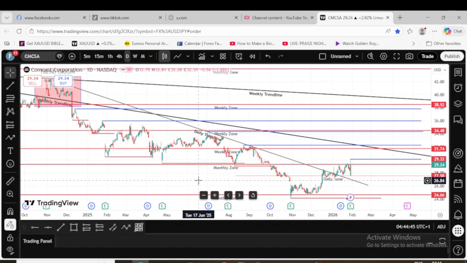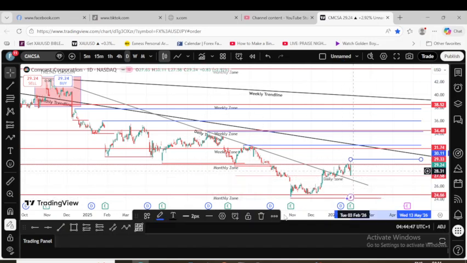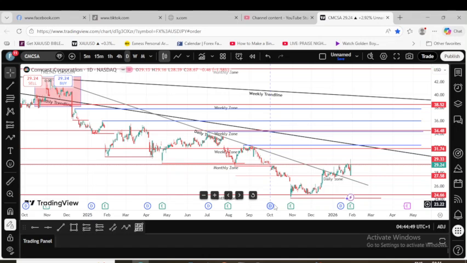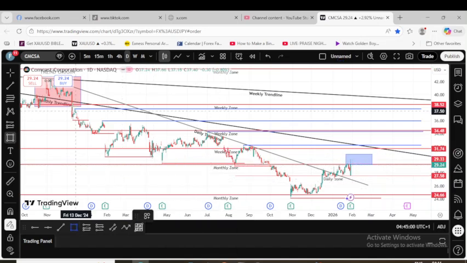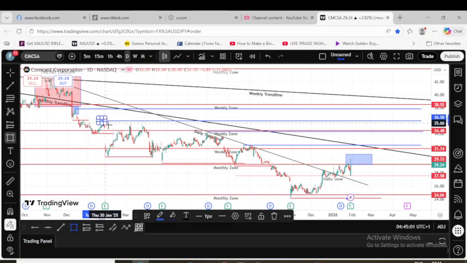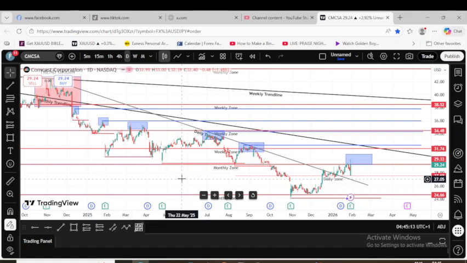So since price is currently in a correctional phase, I'm going to go back to all the blue lines, which is here, here, here, here, and here, and see if there's any specific price pattern that is printed out.